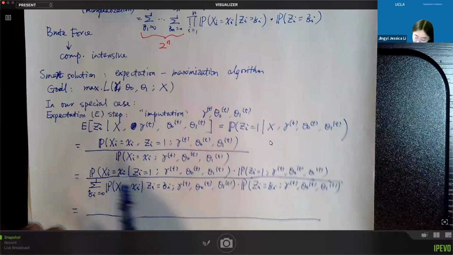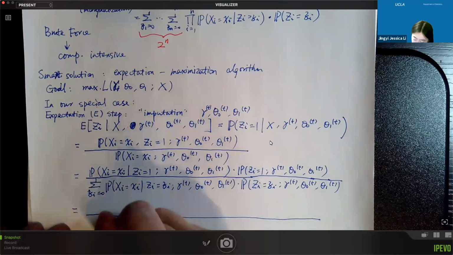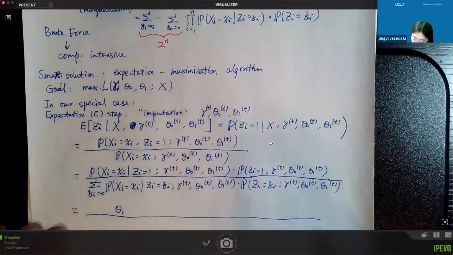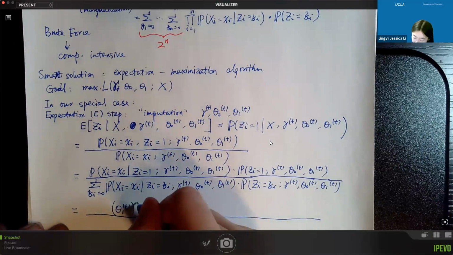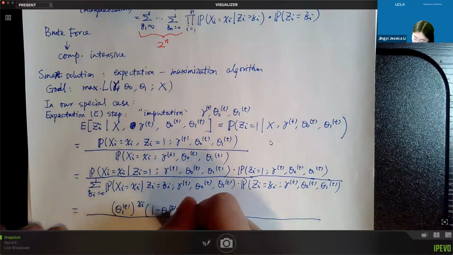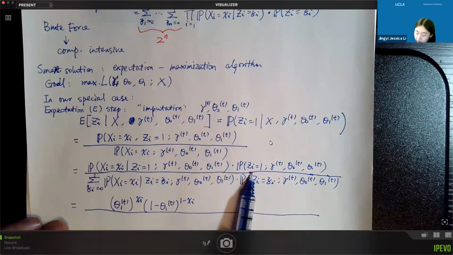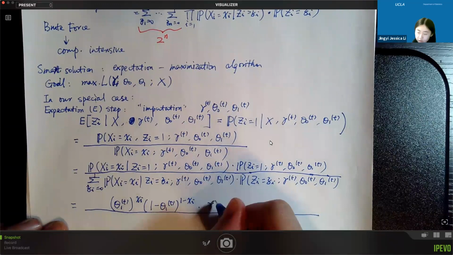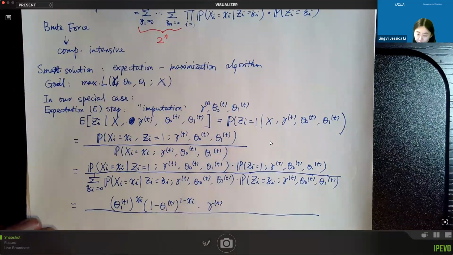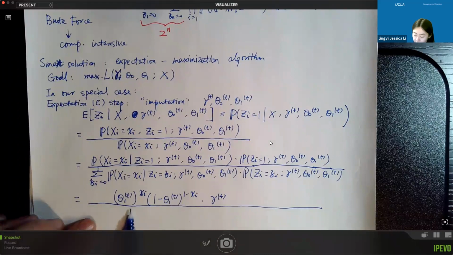By the same argument, it's theta 1t, don't forget we're using this current value, to the power xi when it's 1, or 1 minus theta 1t to the power 1 minus xi. This is what we have for this probability. For the second part, the probability Zi equals 1 is just gamma t.